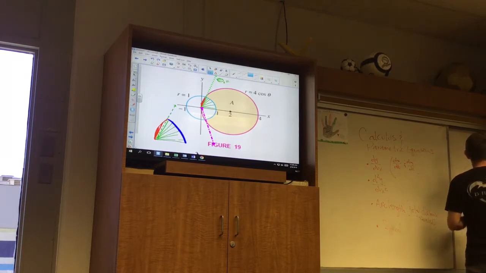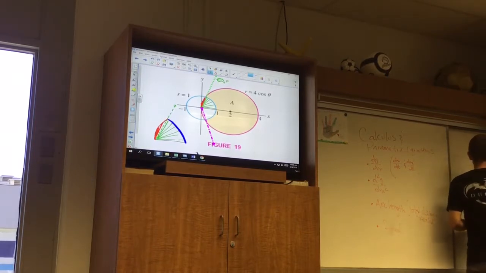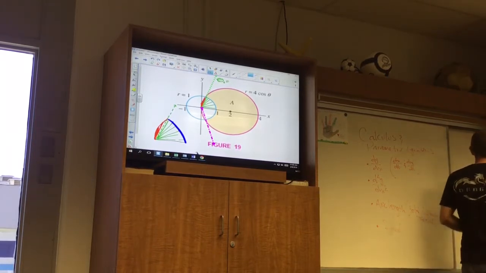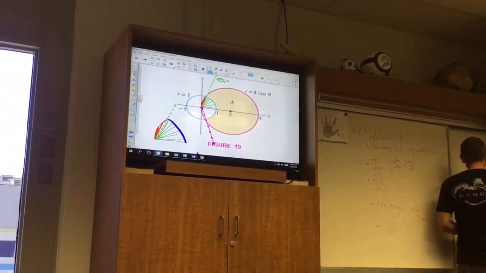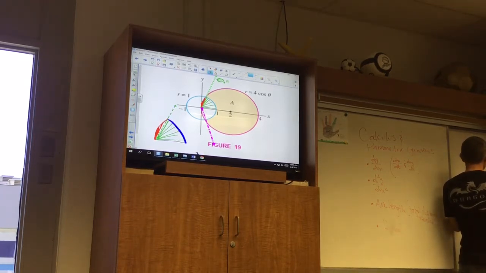Well, let's say that this other one, when theta is equal to 0, my r value is actually negative. Right? So when theta equals 0, this guy is a negative r value.